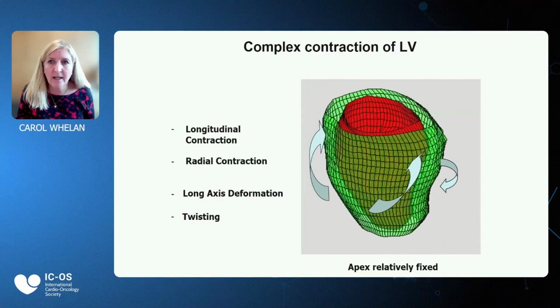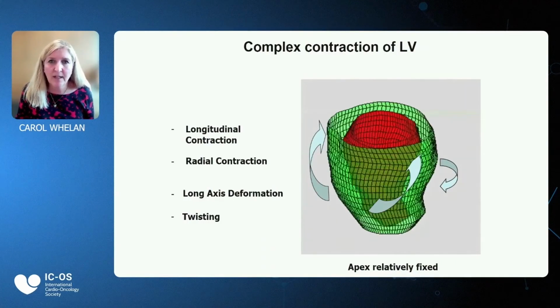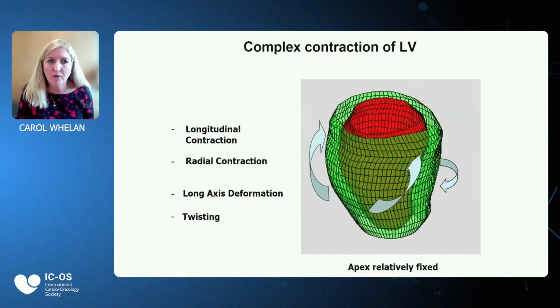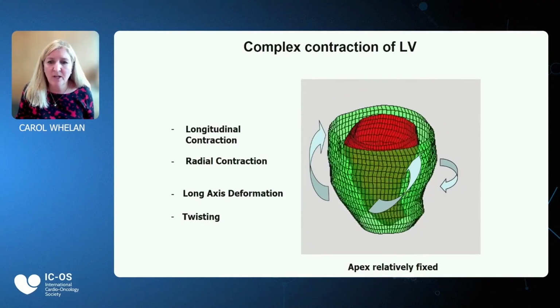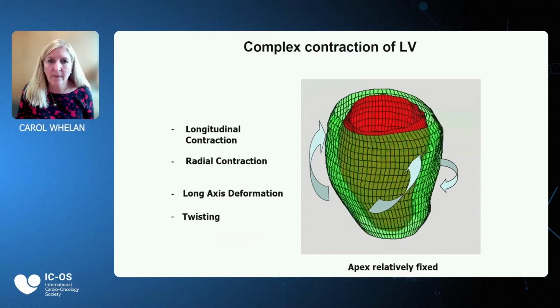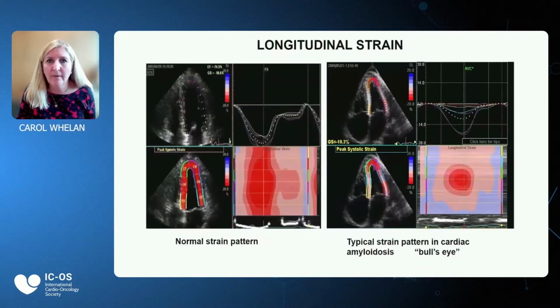So as I said, the contraction of the heart is complex with longitudinal contraction, radial contraction, and long axis deformation and twisting. So when we look at this and the longitudinal strain, on the left-hand side of the screen, we can see a normal strain pattern where the measurements are all very similar around the left ventricle.